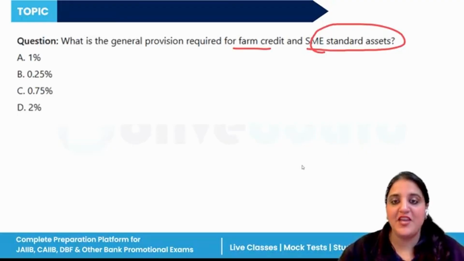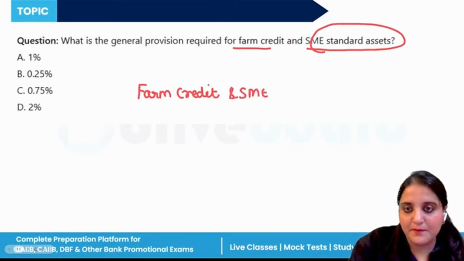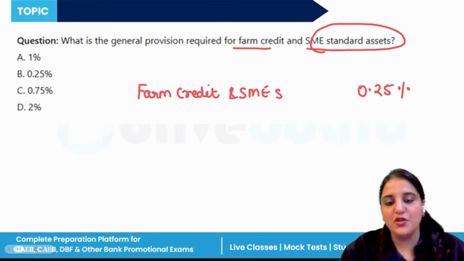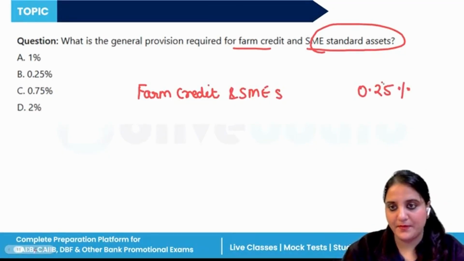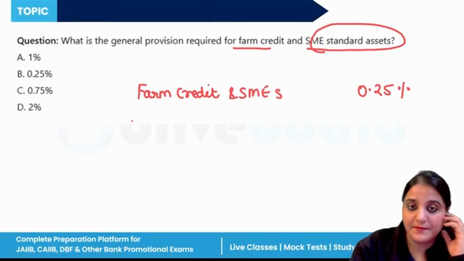For farm credit and SMEs, the provision must be 0.25%, right?